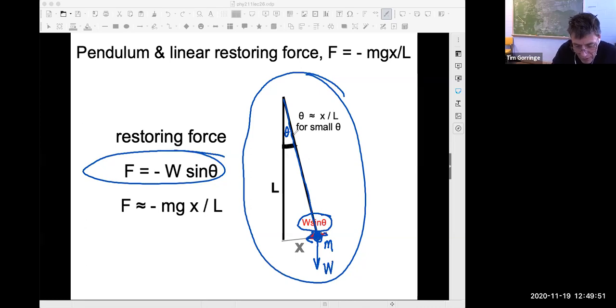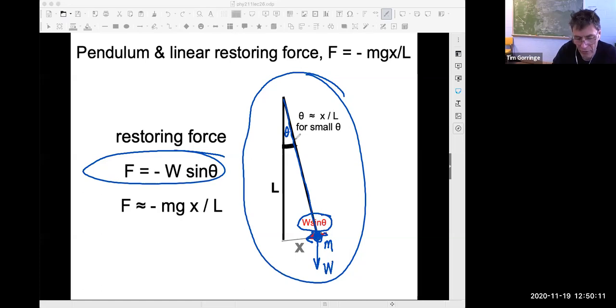Now, if this angle theta is small, maybe 1 degree or 2 or 3 or 4 or 5 degrees, something rather small compared to 90 degrees, then there's an interesting approximation.